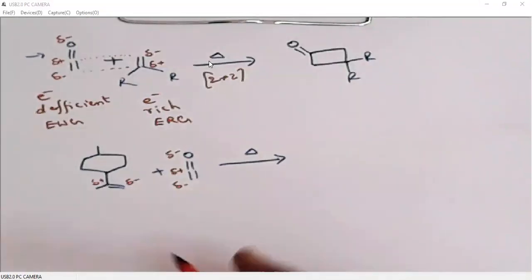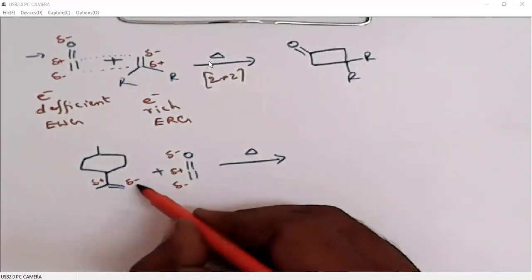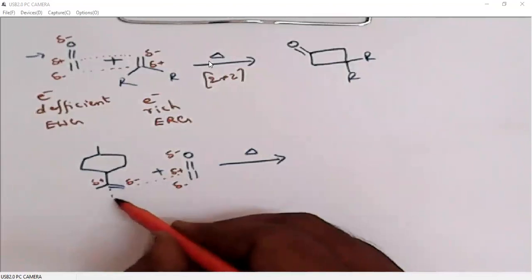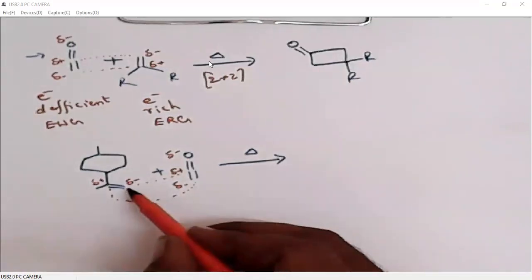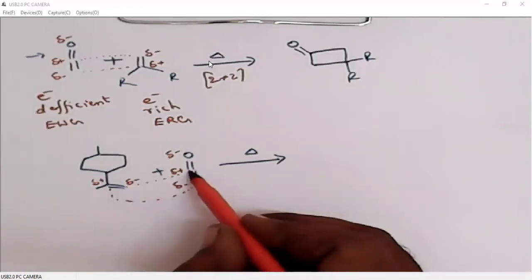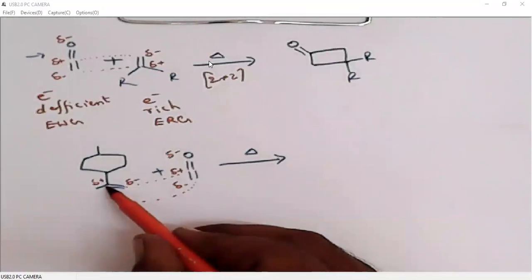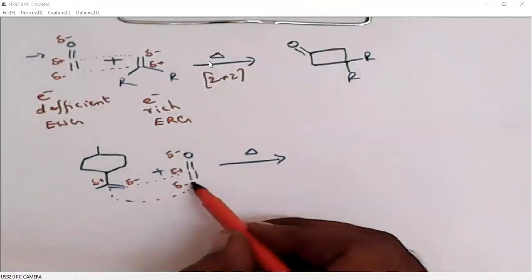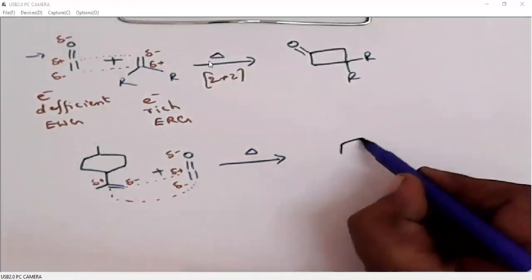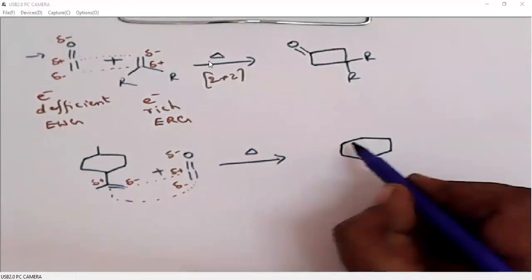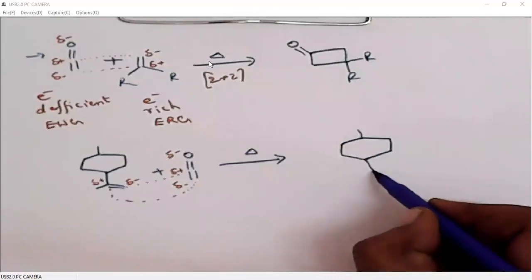So it is a reaction between these two carbons and these two carbons, a 2+2 cycloaddition between end carbon and middle carbon. When we write the product, it gives a four-membered ring.